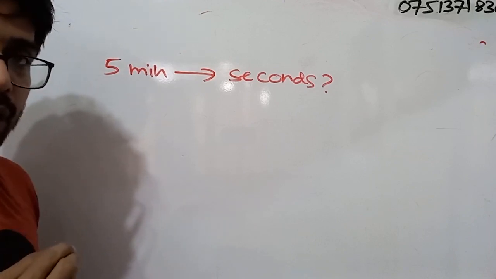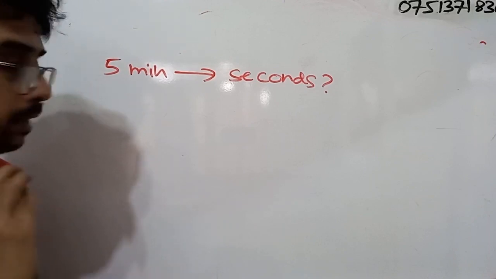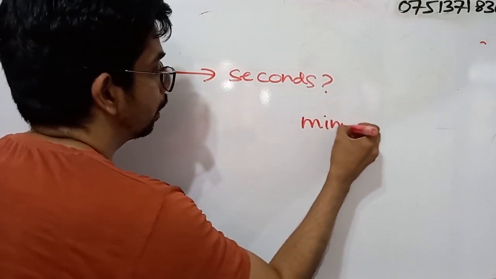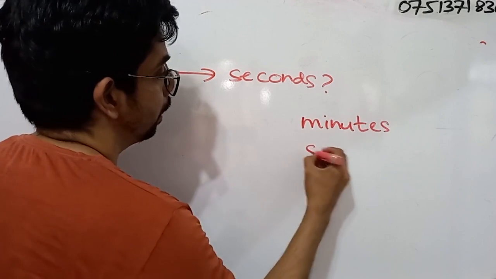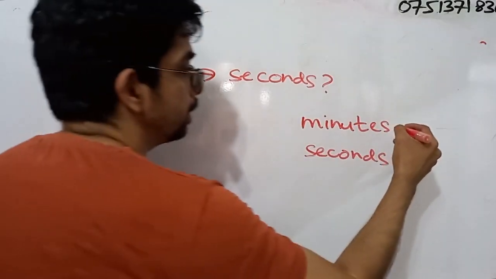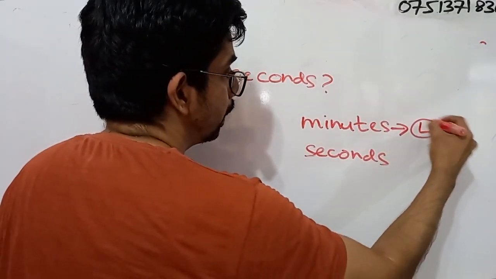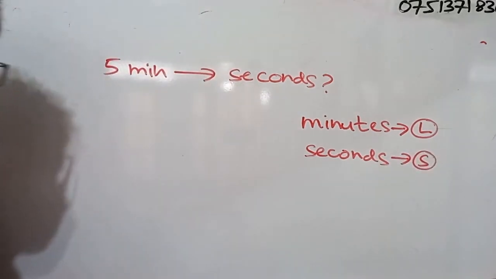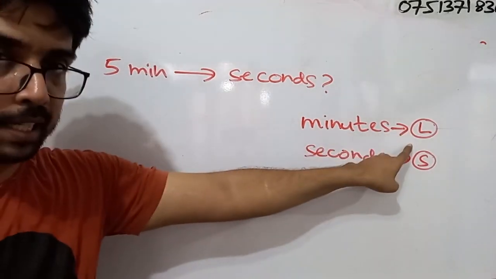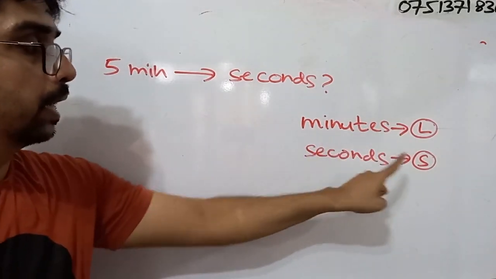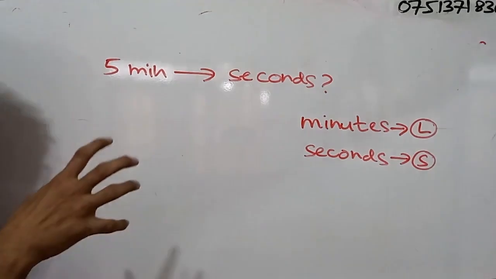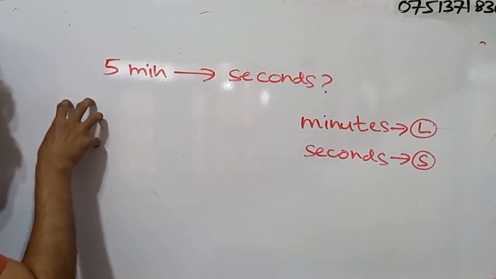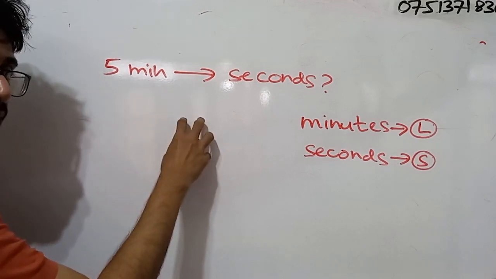The first thing you need to understand: when we compare minutes and seconds, minutes that is the larger unit, seconds that is the smaller unit. Minutes කියලා කියන්නේ larger unit එක, seconds කියලා කියන්නේ smaller unit එක. හරිද? Always remember when we have to convert a larger unit into a smaller unit.